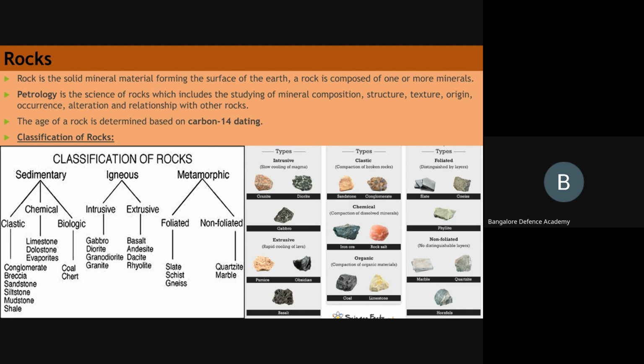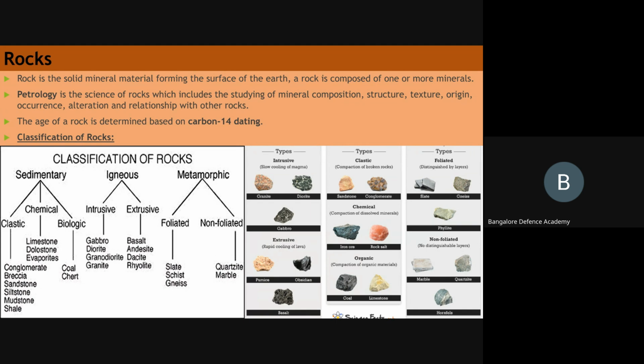Now the next one is igneous rock. Igneous rock is of two types. One is intrusive type of rocks and another one is extrusive type of rocks. Intrusive rocks are the igneous rocks which are formed inside, like the intrusive volcanic landforms we saw: batholiths, phacoliths, laccoliths, sills, and dikes.